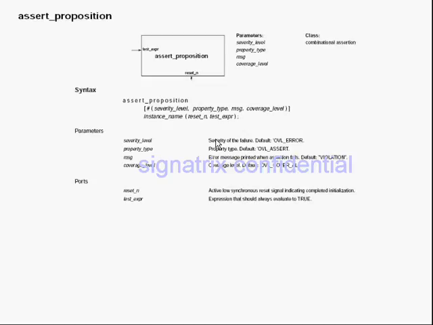All are same, but default severity level will be OVL error, default property type OVL assert, default message is violation, and default coverage level is OVL cover all. Now here we have only reset, and we don't have any clock. Look at here, combinatorial assertion, and since it is combinatorial assertion, no need of clock, right?